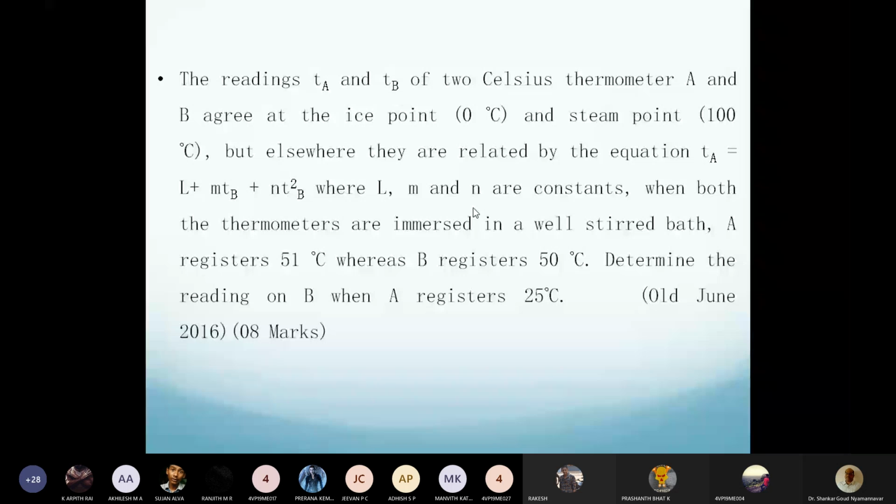Okay, you have the m value and n value, and the L value is 0. Write the equation for TA in terms of TB.